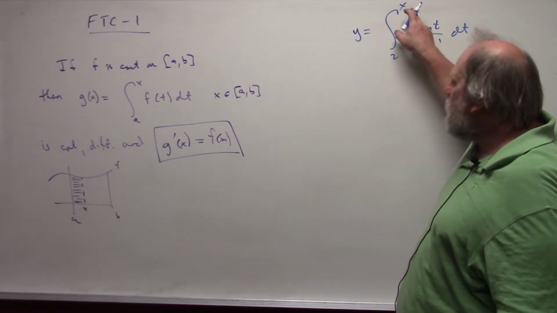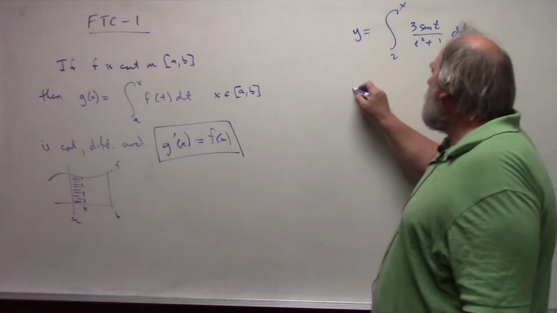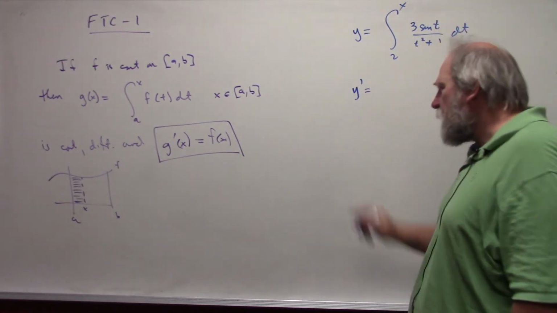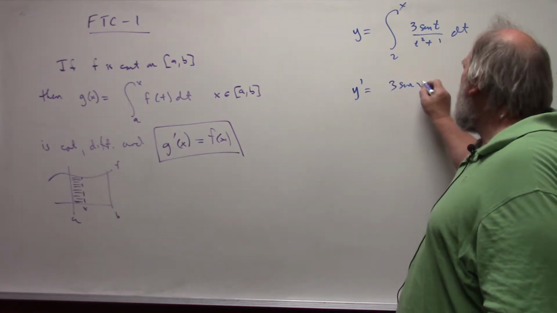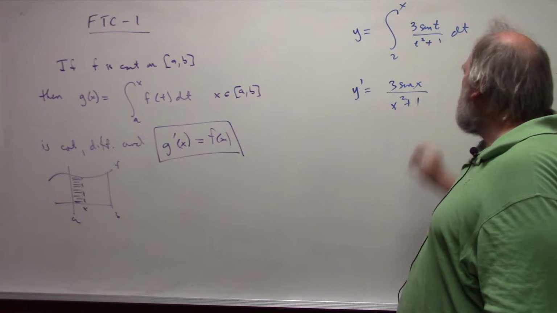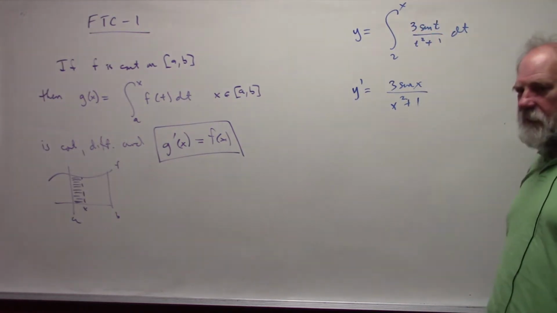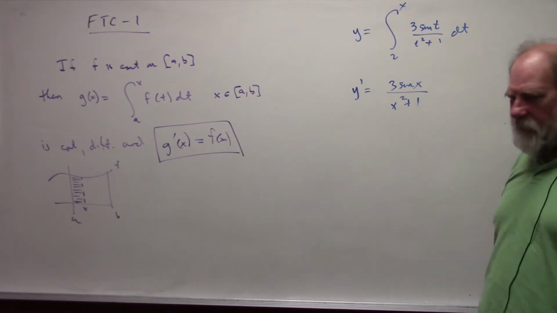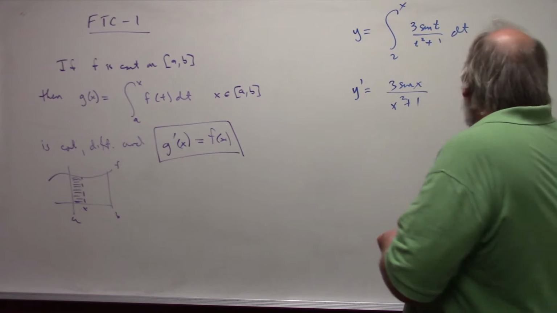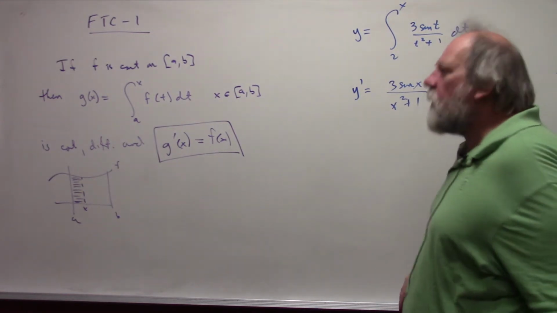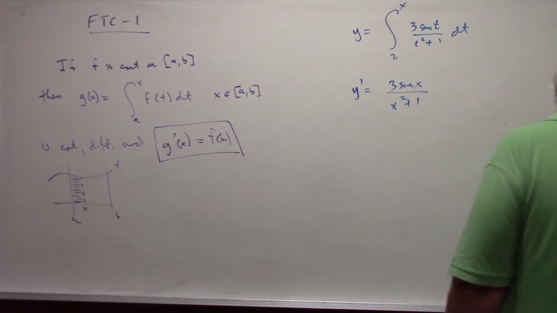That is the variable for this function, not on the inside. My derivative y prime according to FTC1 is just going to be 3 sine of x over x squared plus 1. You just take the variable and replace the dummy variable on the inside of the integrand. That's your derivative. That's all it is. Now, it seems kind of simple.